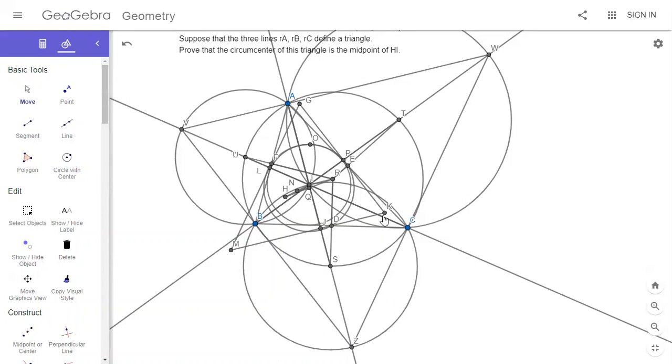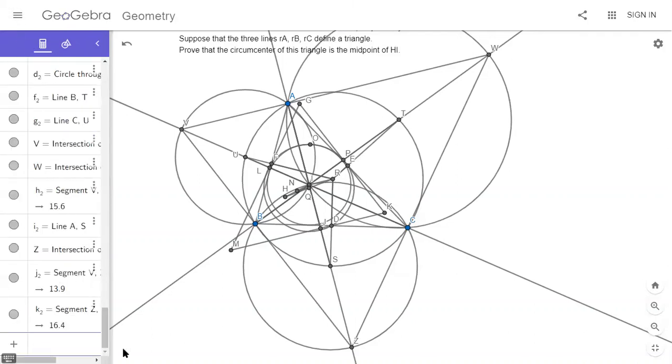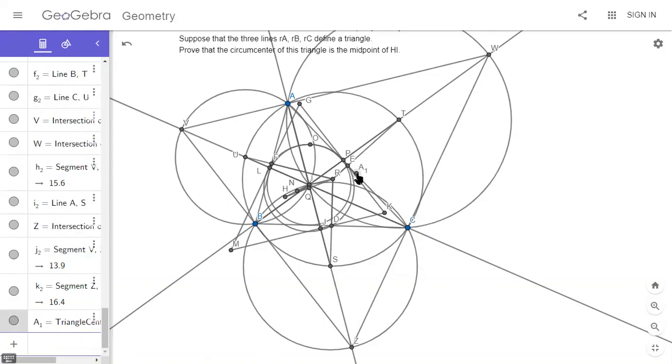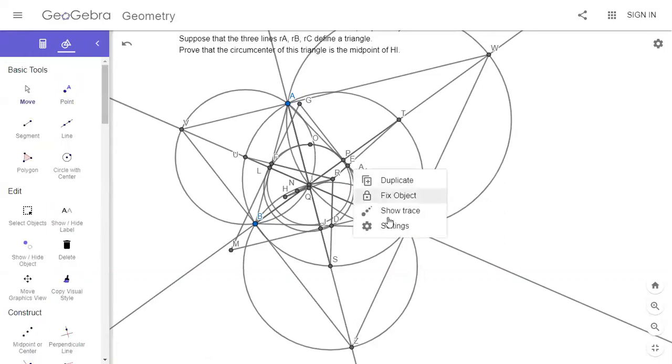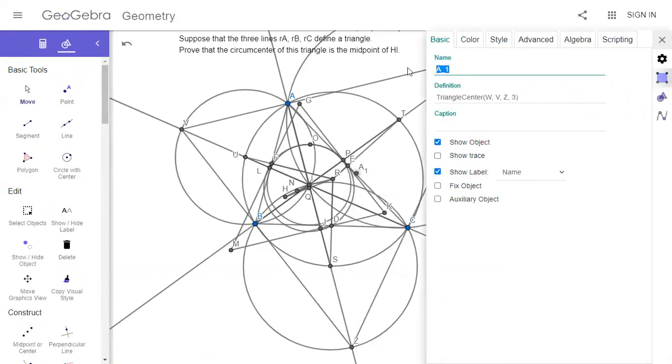And the circumcenter of WVZ is R. No, R is the circumcenter of ABC. What is the circumcenter of the triangle ZWV? It looks like it's this point right here. And it looks like it might be collinear with the others. Let's call it, we're running out of letters here.